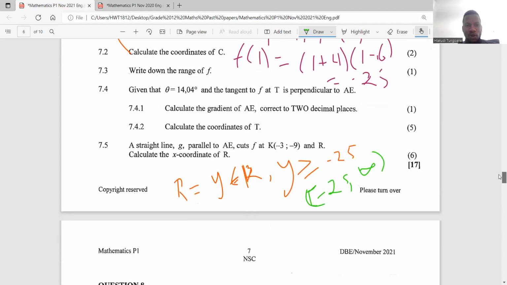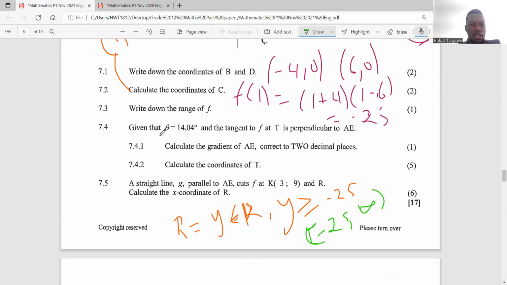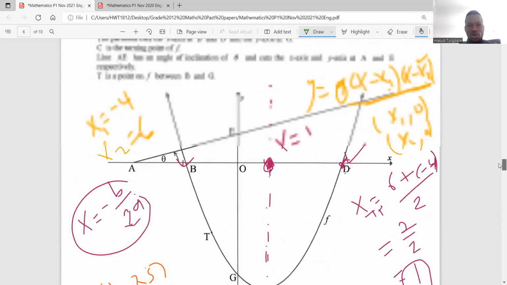Okay, so then the follow-up question says you're given that theta equals 14.04, and the tangent to f at T is perpendicular to AE. Calculate the gradient of AE, correct to 2 decimal places. Okay, so we're given 2 things here.